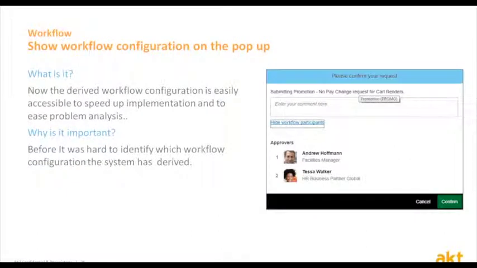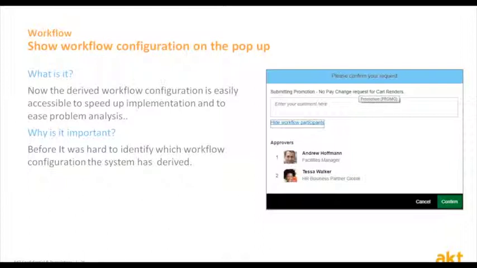Now, workflows. This feature is useful for those of you who are creating or modifying the workflow configuration. If you do, you know that when you set up a workflow and wish to test it, you don't always know which workflow was in fact triggered.